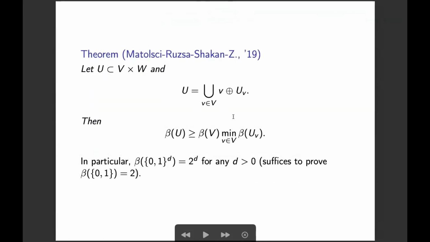Yeah, so basically the tensorization property is like this. Does anything similar hold for alpha?